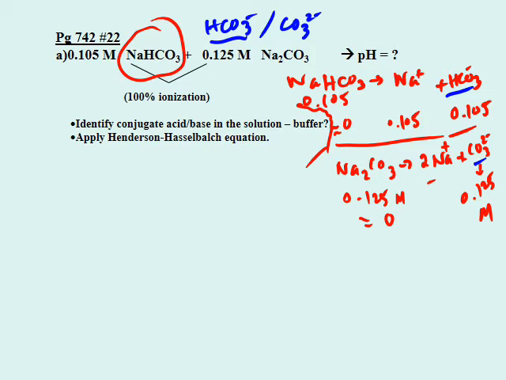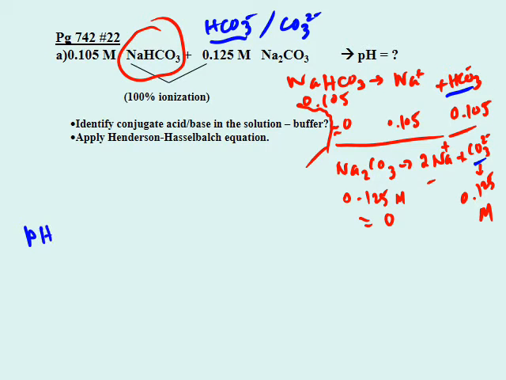So now we can apply the Henderson-Hasselbalch expression. And also something else I need to point out to you, I need a Ka value. So let me write down first the Henderson-Hasselbalch expression.